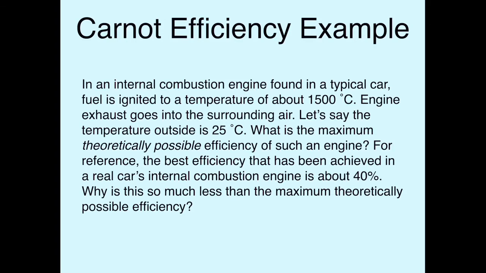And then for reference, let's just take note that the best efficiency that has been achieved is somewhere around 40%. As we're going to find, that's way less than the maximum possible theoretical efficiency. So why is it that the maximum possible is so much less than what's actually been built?